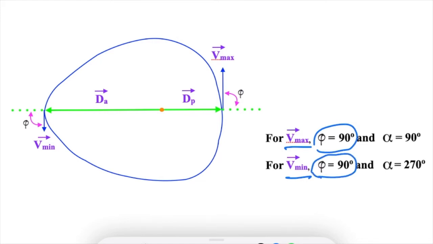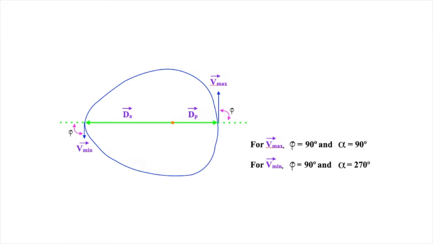And something that goes without saying, really, but just as a reminder, we would also say that for Vmax, alpha equals 90 degrees, and for Vmin, alpha equals 270 degrees.